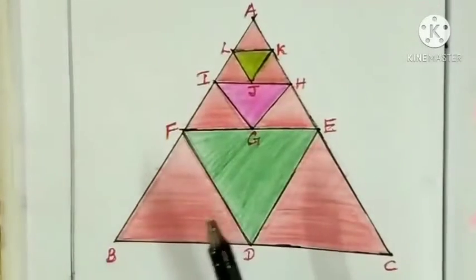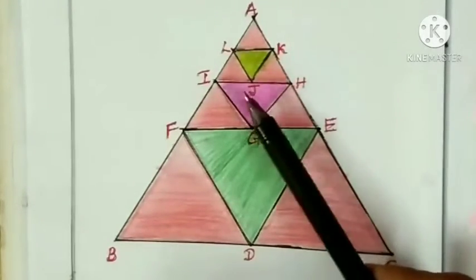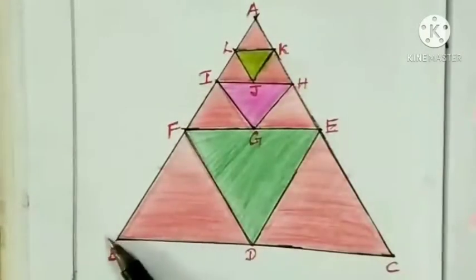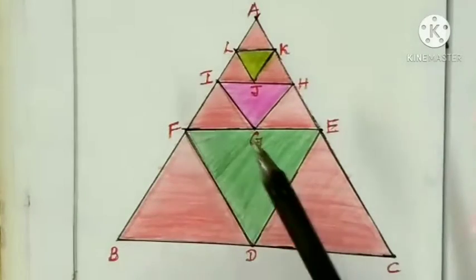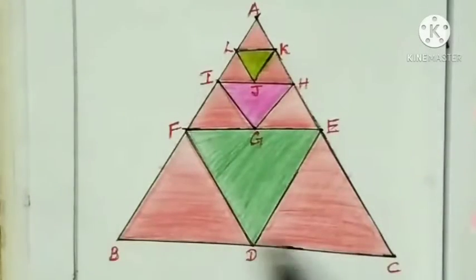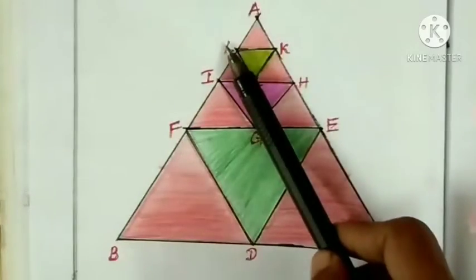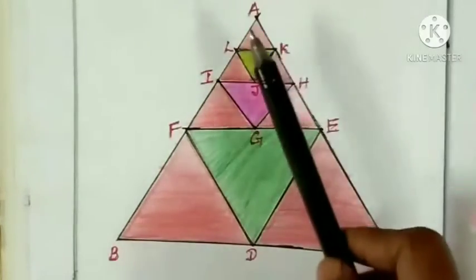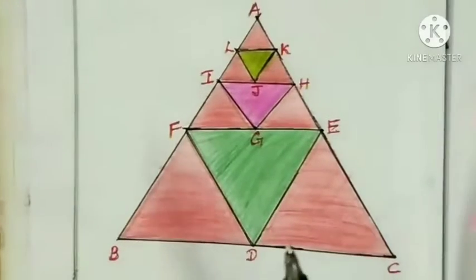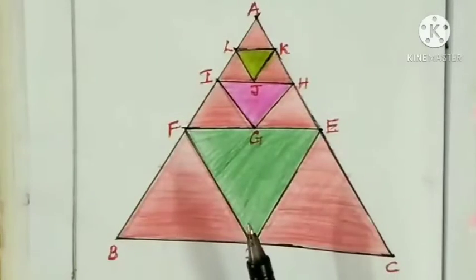Now, comparing these triangles to the first triangle ABC, we get triangle DEF is 1/4 of triangle ABC, triangle GHI is 1/16 of triangle ABC, and triangle JKL is 1/32 of triangle ABC. Therefore, each term is obtained by multiplying the previous term by 1/4.